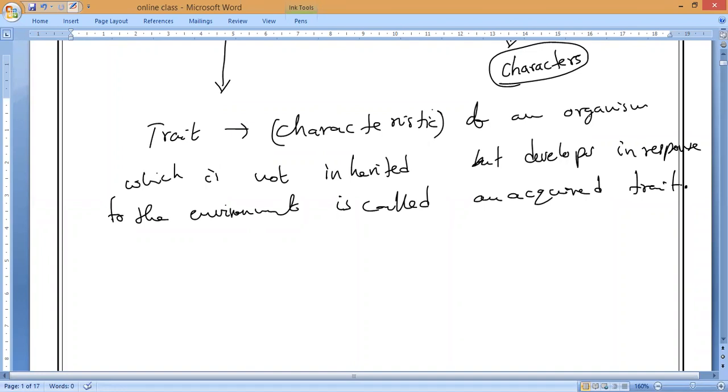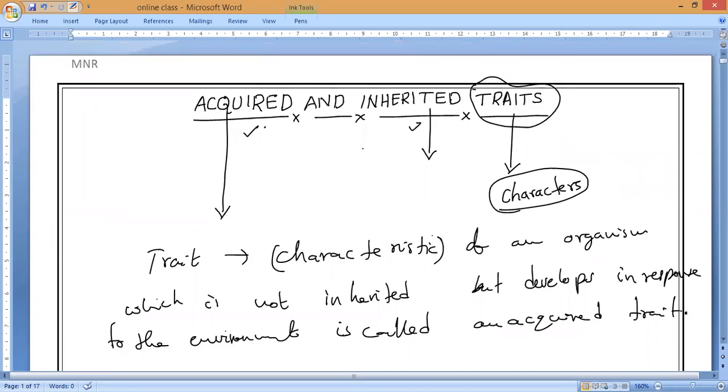It's like I am adjusting to the culture of Tamil Nadu and surviving here, whatever the situations are. So I am developing my own. It is not coming from my parents or my grandparents. A character which is not coming through the genes, without changing the genetic characteristics, that is what we call acquired traits. Do you understand, everybody? Please respond.